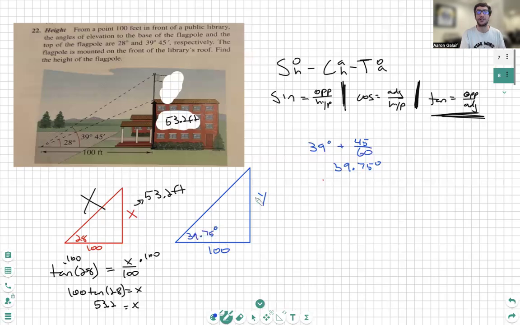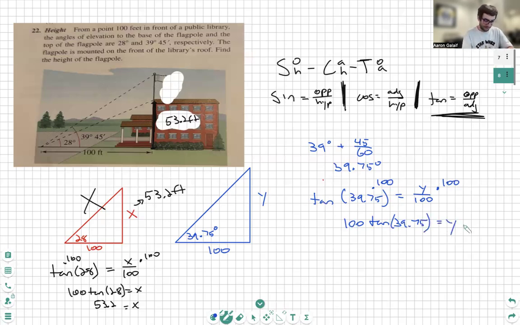And then next, I'm going to solve for y. We're going to go tangent again, because there's no hypotenuse, of 39.75 degrees is equal to y over 100, opposite over adjacent. Now we're just going to multiply the denominator to both sides. We have 100 tangent 39.75 is equal to y.